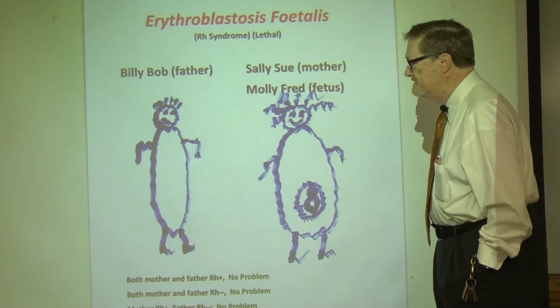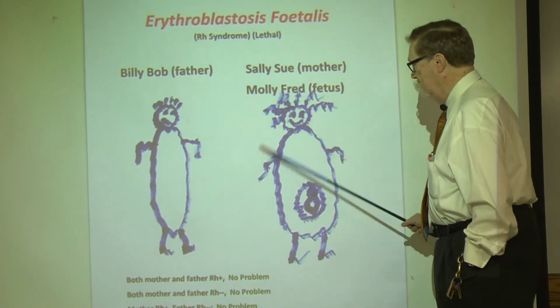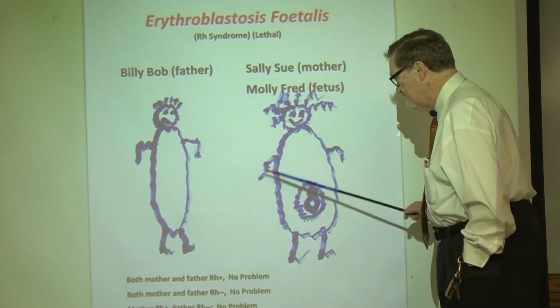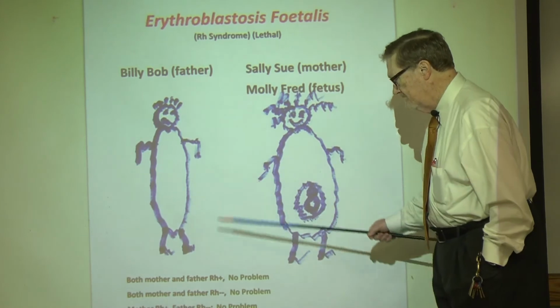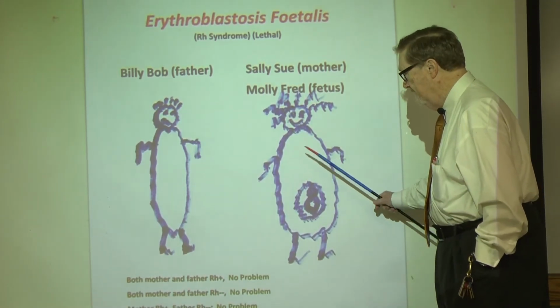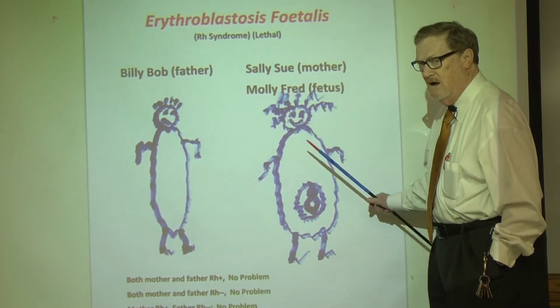No erythroblastosis fetalis, which is Mama's blood attacking the tissues of the fetus. What if mother is Rh positive, father is Rh negative? It doesn't matter. If she's positive, her body already knows about that protein. It's not foreign.